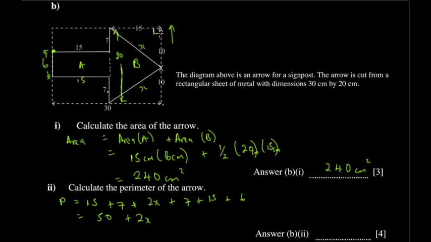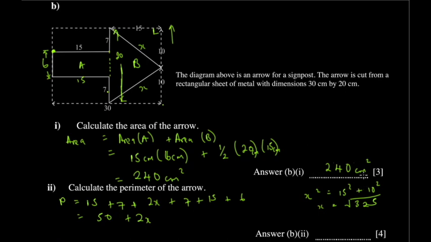This is a right angle triangle. How do we know? The section was cut from a rectangle, so this projection here must be a right angle triangle. Here we know that this length is 15, this length is 10. So x squared must be equal to 15 squared plus 10 squared. So x must be equal to the square root of 15 squared plus 10 squared, which is 325.